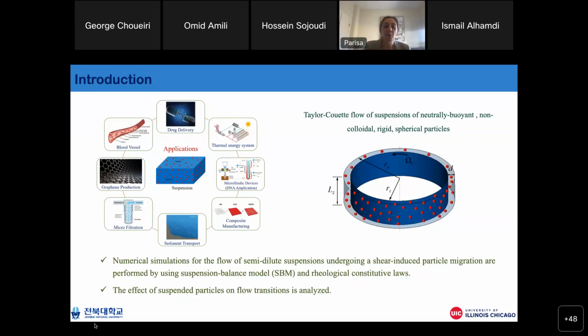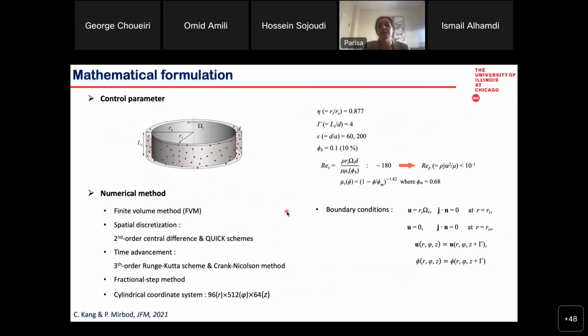So in this case we proposed to consider suspension flow inside a Taylor-Couette system. As you know, for this specific phenomenon in fluid mechanics, it is easier to consider the outer wall fixed while the inner cylinder is rotating.